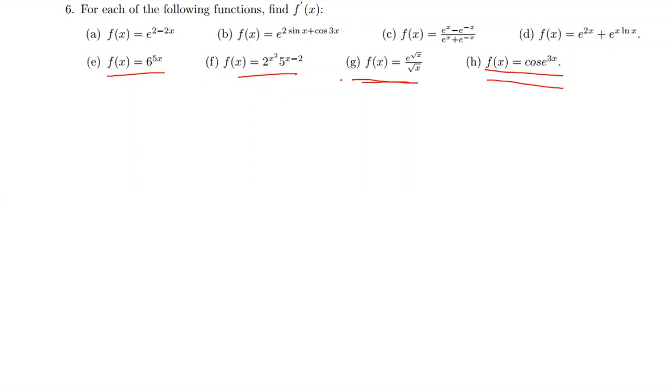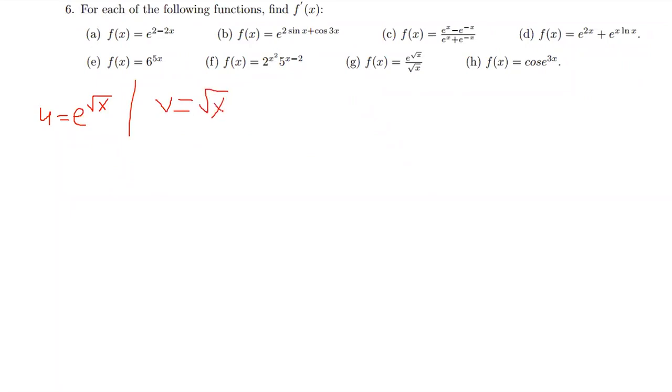Here we have f of x being equal to this. We can see that these two functions are dividing themselves. So since they are dividing themselves, we can use quotient rule. When you're using quotient rule, you identify your u and your v. So my u is equal to e to the power root of x, and then my v is equal to the root of x.